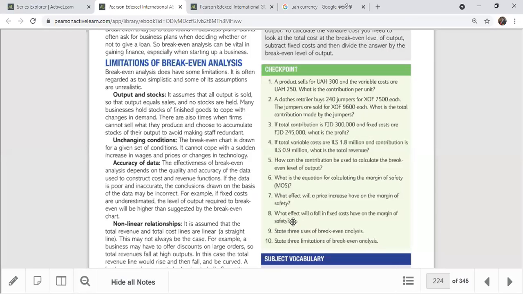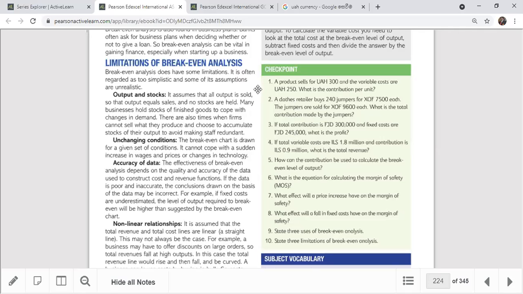If you deduct, the unit contribution is 9,600 minus 7,500, which is 2,100 per unit. But they're asking for the total contribution of the jumpers, so 2,100 multiplied by 240 jumpers. The answer is 504,000.